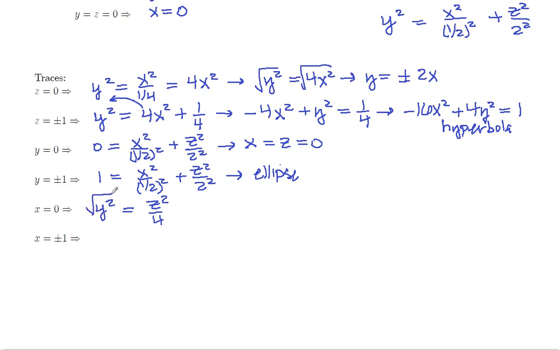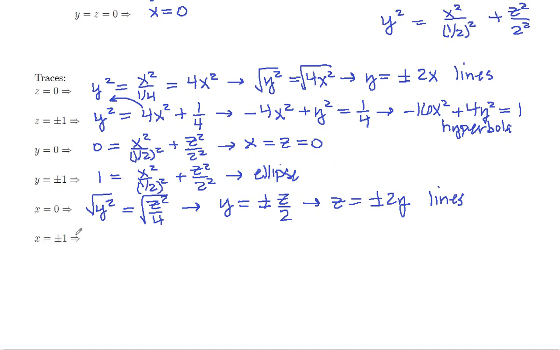Take square roots on both sides, and you get y is equal to plus or minus z over 2. Or if you wanted to solve that for z, multiply both sides by 2. This is equivalent to z equals plus or minus 2y. And again, those are intersecting lines. I did mention these were lines.